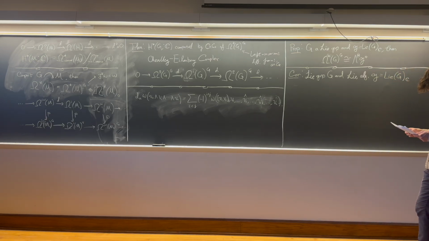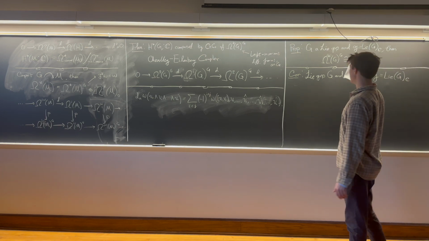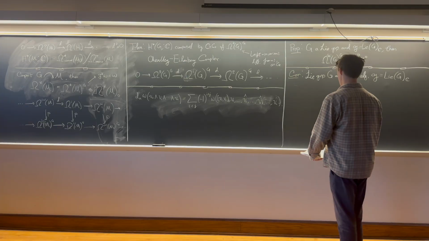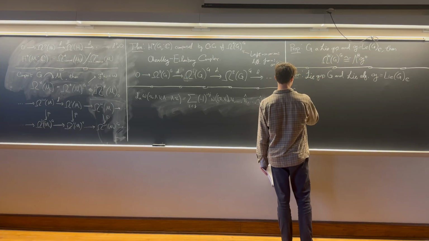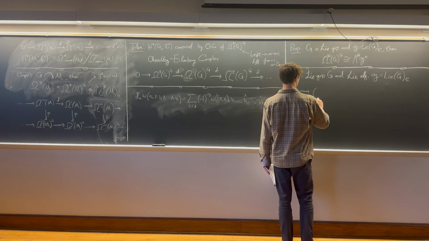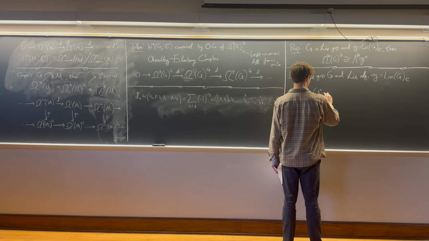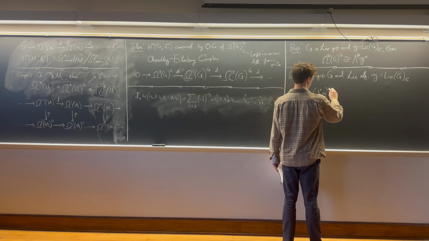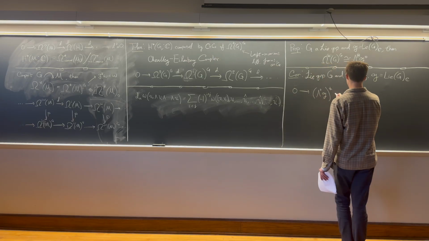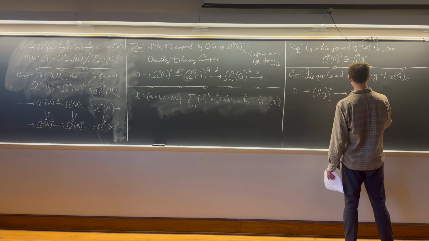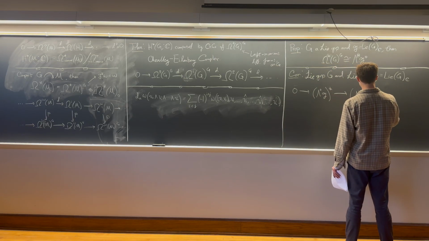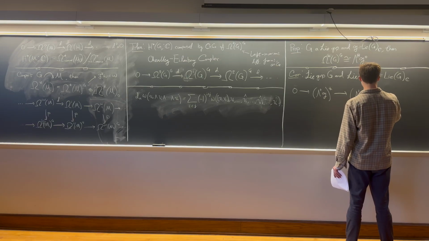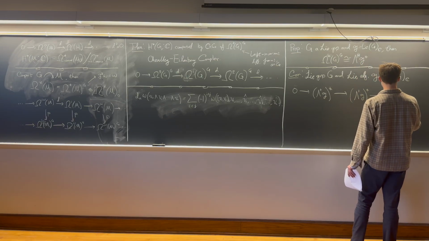All we're going to do is substitute this isomorphism into the chain complex, and we get the following: 0, wedge of g, we take the dual, and we go from there.